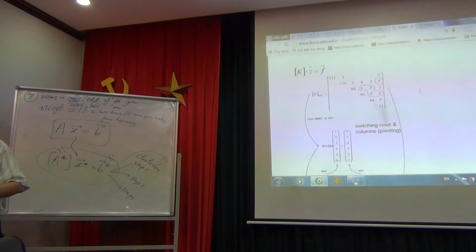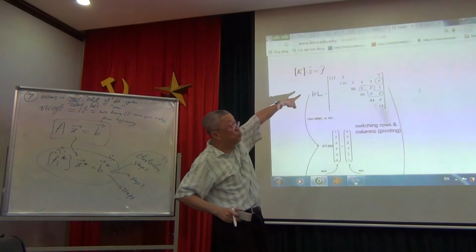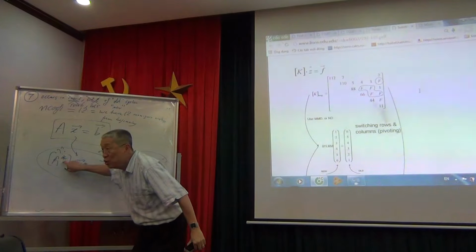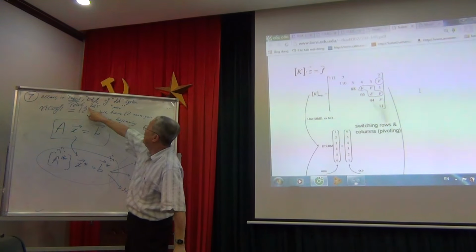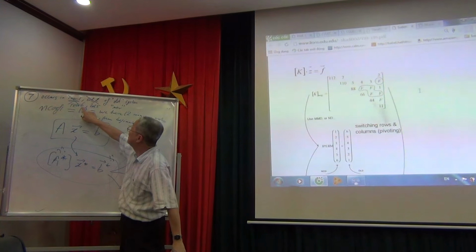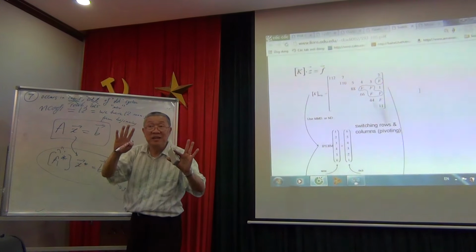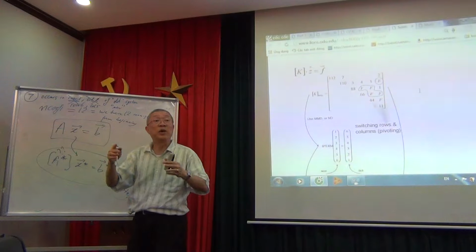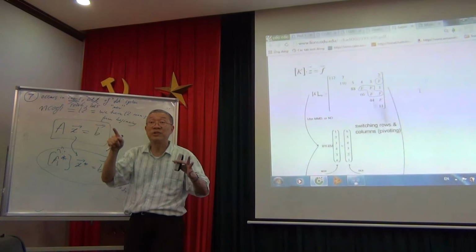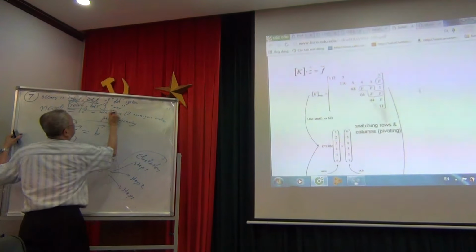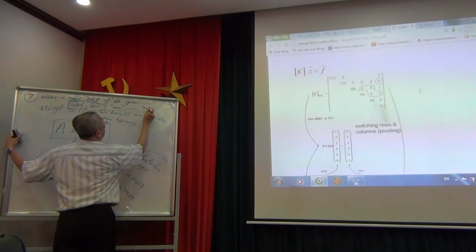So what it means is that value 7, in this new matrix, is at row 6, column 5. Do you understand? But remember, because the matrix is symmetrical, row 6, column 5 is the same thing as row 5, column 6.